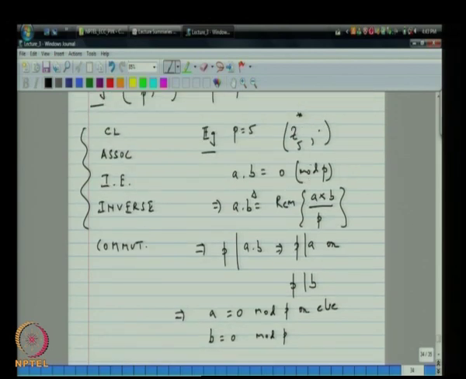So, the conclusion here is that closure this time is satisfied, there is no problem there. You can similarly check that the associative property is satisfied, and also the identity element is just 1. So, that leaves us with the question of inverse.